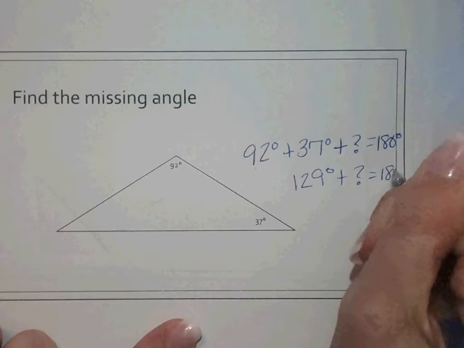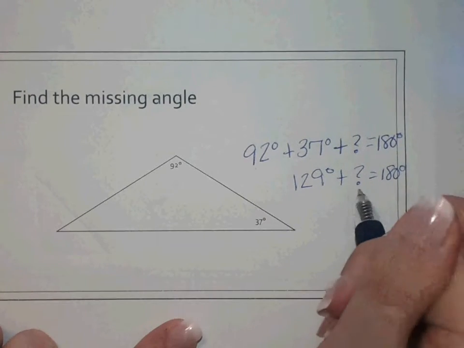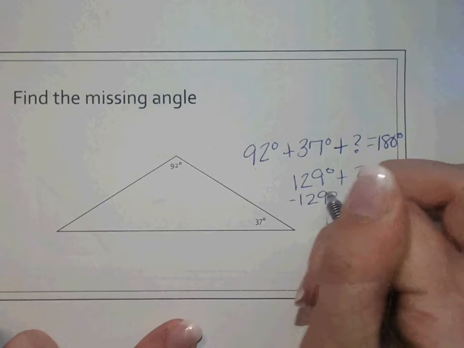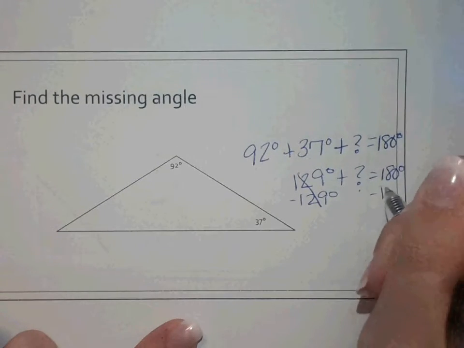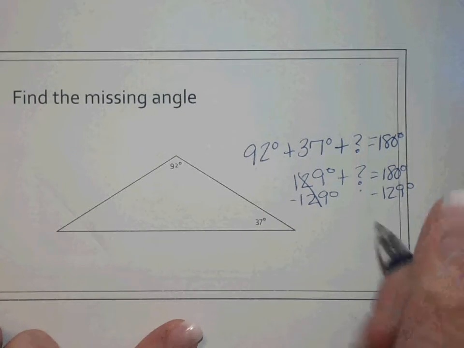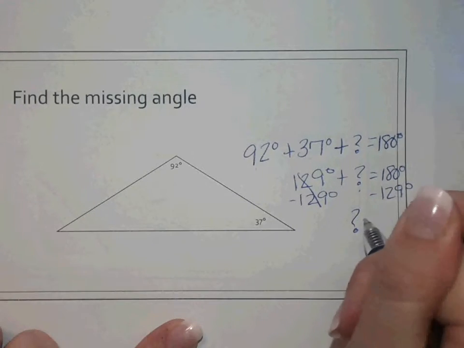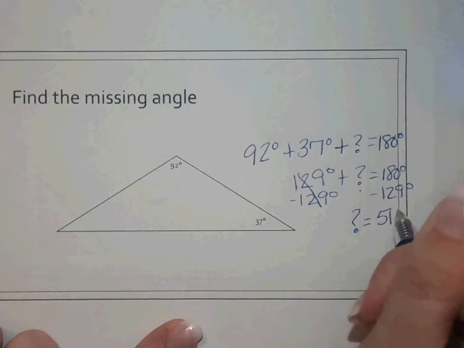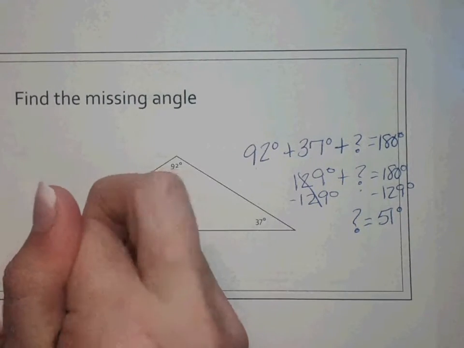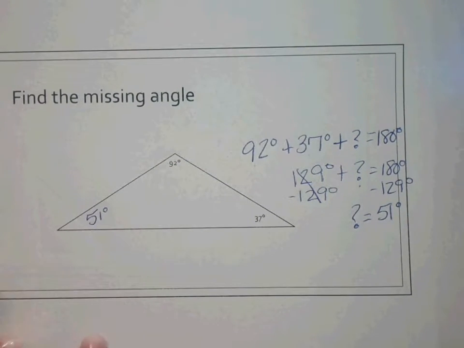Now I have to subtract that from both sides to get the question mark by itself. So on the left I do get that zero pair. And when I subtract, I do get 51 degrees. And I found that missing angle, and you can label it in your triangle if that makes it easier.